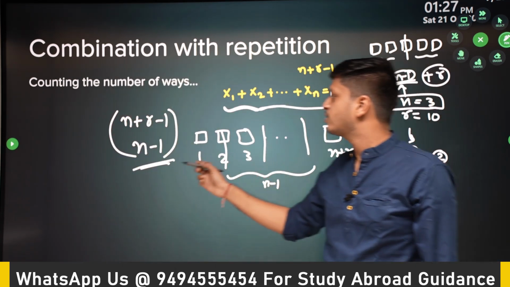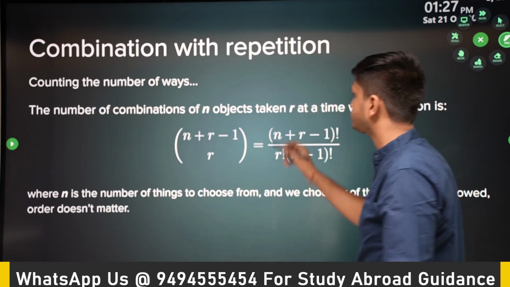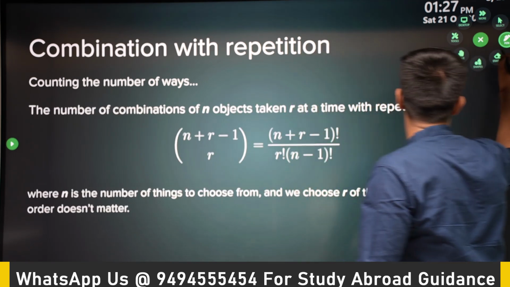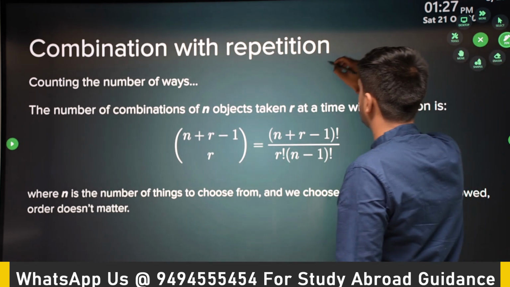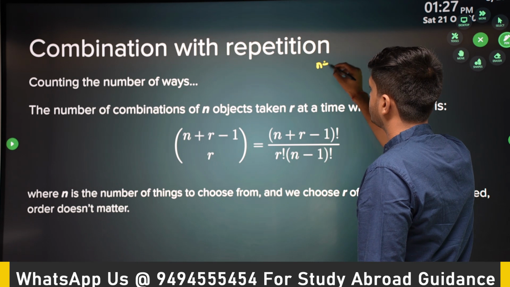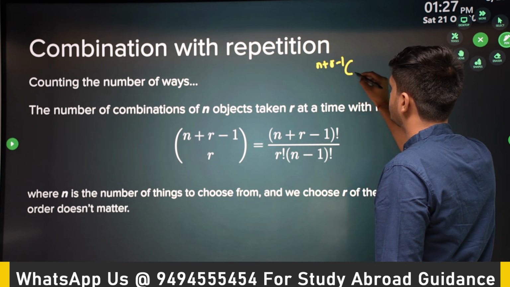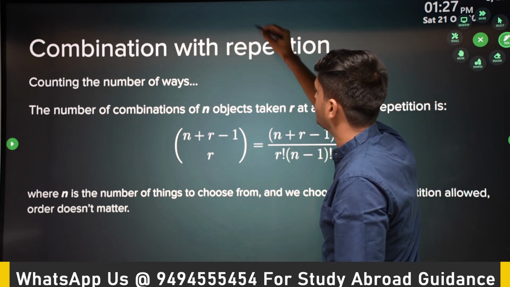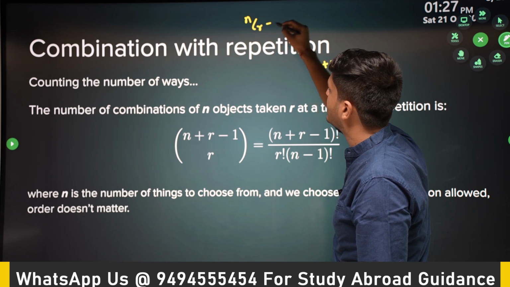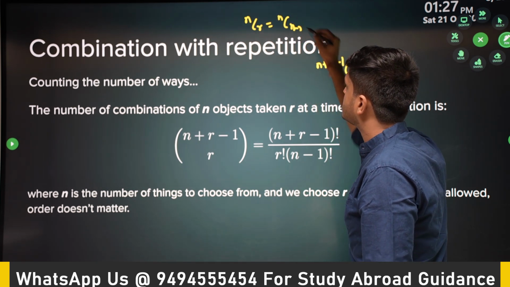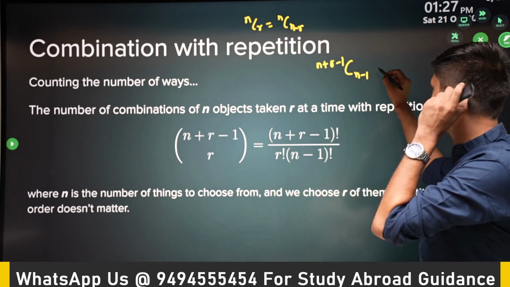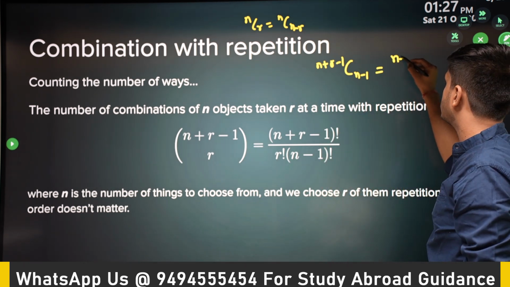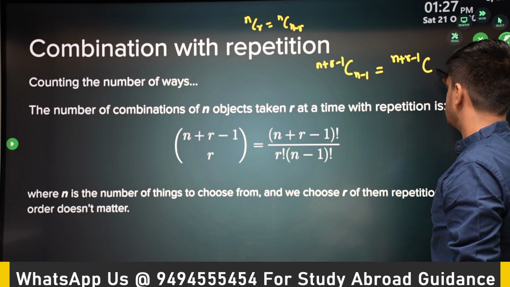So the formula which we came up with was n plus r minus 1 C n minus 1, and we know that nCr is equal to nC(n minus r). This is combination: k selections is equal to k rejections, right? So this will also become equal to n plus r minus 1 C r.